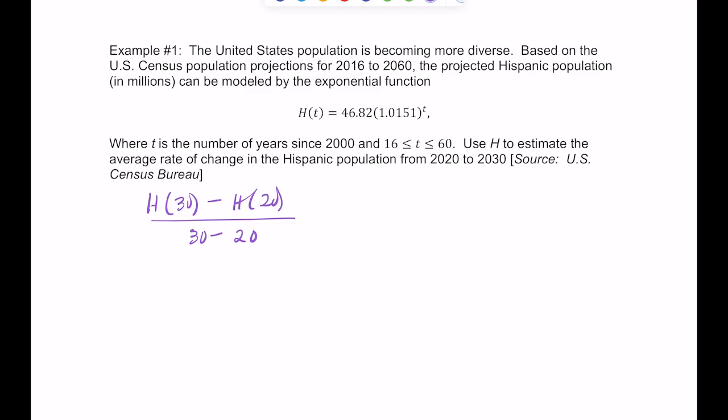That's on the interval from t equals 20, so that's 20 years after 2000, to t equals 30, which is 2030, 30 years after 2000. So the average rate of change would just be h of 30 minus h of 20 over 30 minus 20.